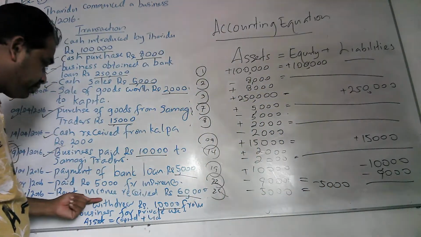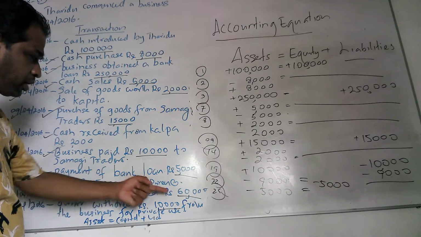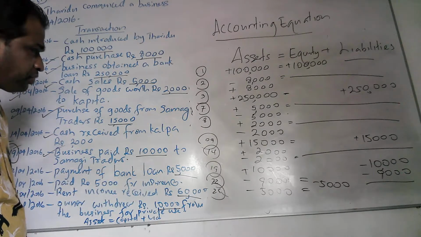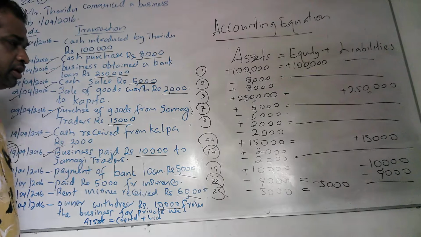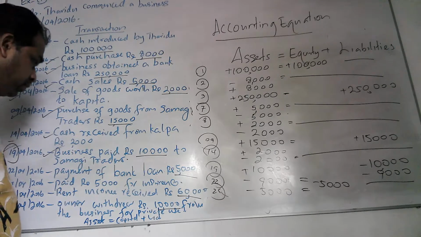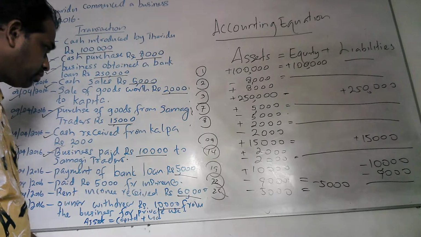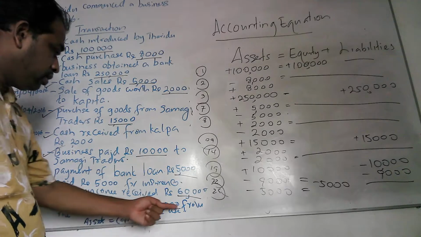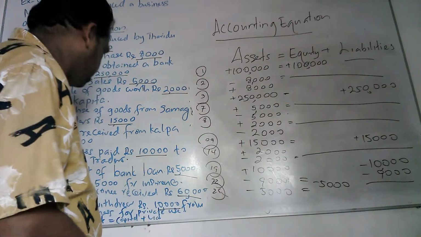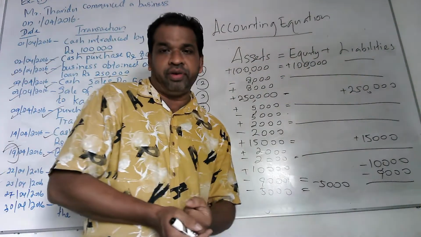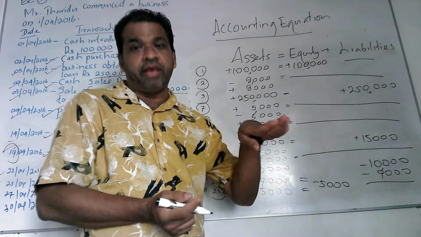Next one, rent income received 60,000. Rent income received 60,000. It is an income. Because of an income, it will increase equity.